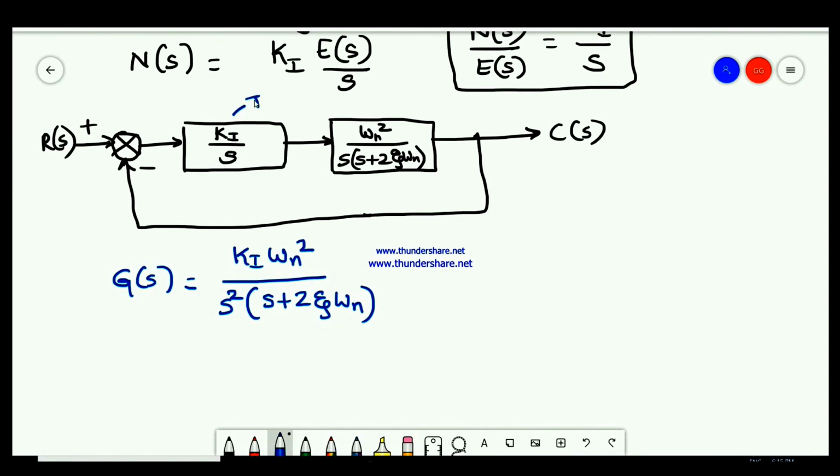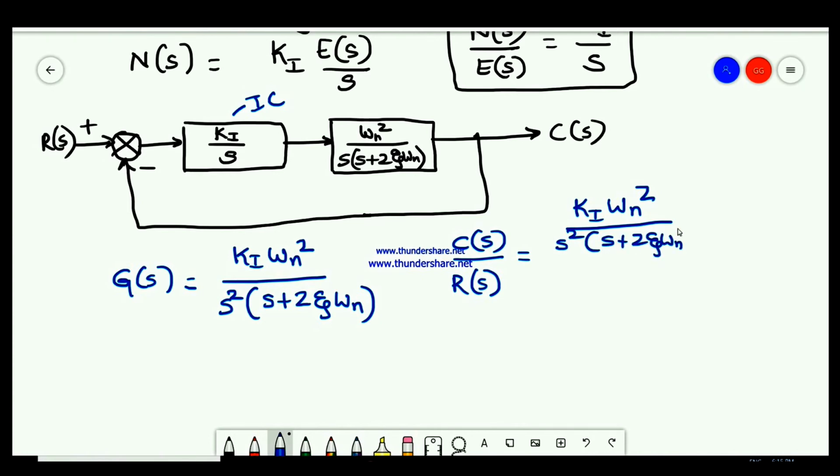So this would be the G(s), and C(s) by R(s) is G(s) divided by 1 plus G(s), which is Ki omega n square divided by s square into s plus 2 zeta omega n, divided by 1 plus Ki omega n square divided by s square into s plus 2 zeta omega n.